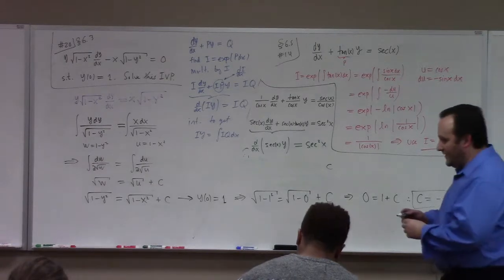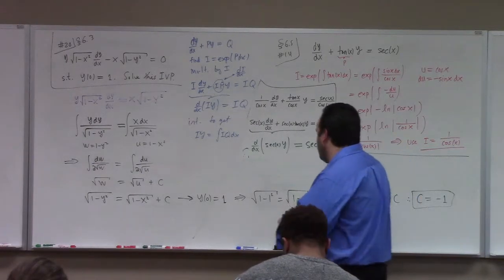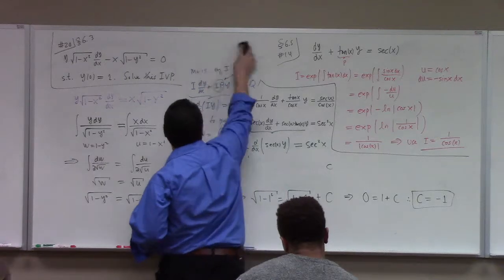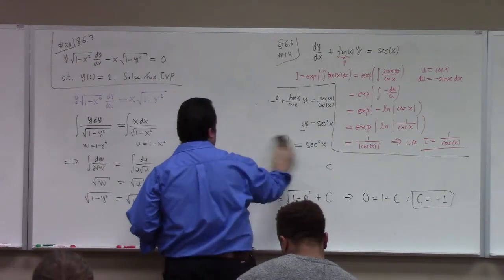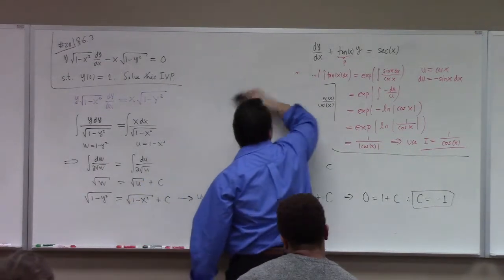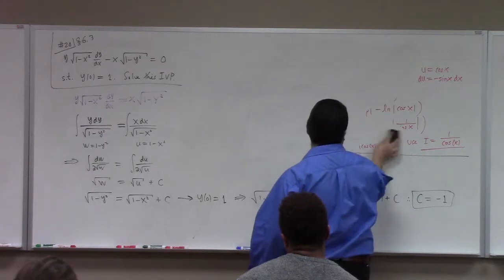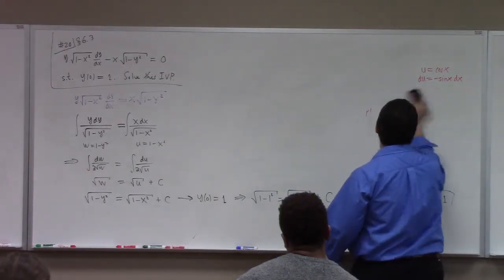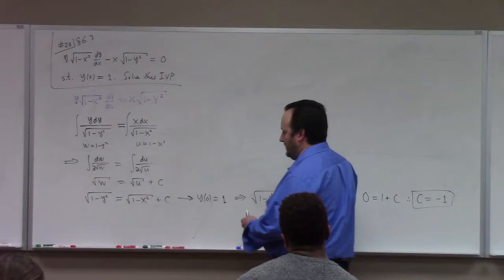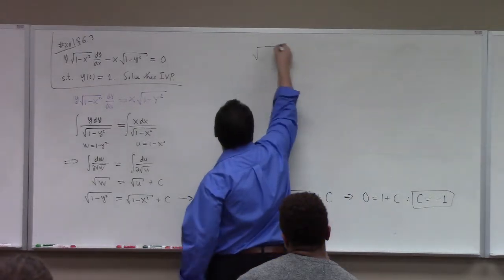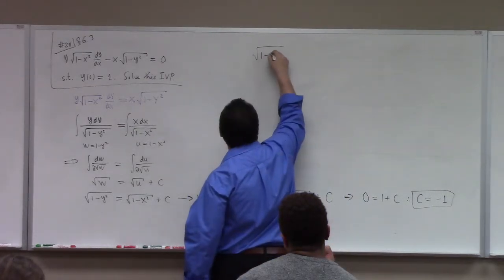If I want to solve for y, there's more algebra I've got to do here, right? Can we solve for y? How should we solve for y? Yeah, square both sides is a good idea.